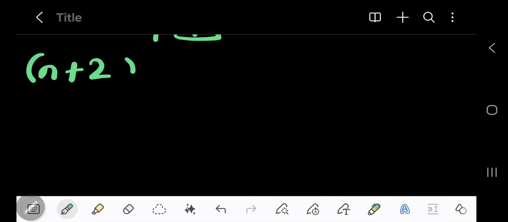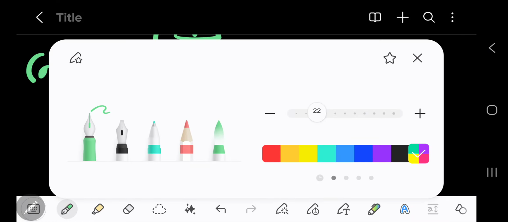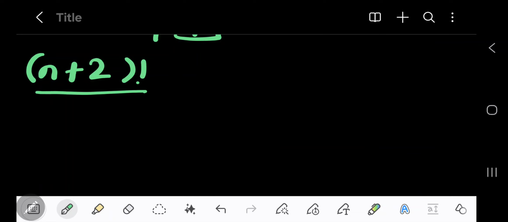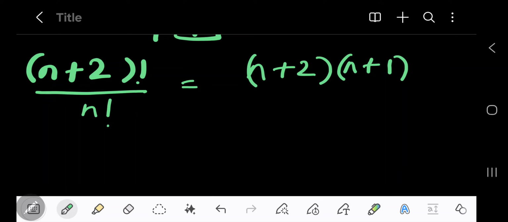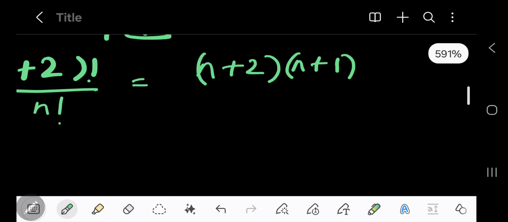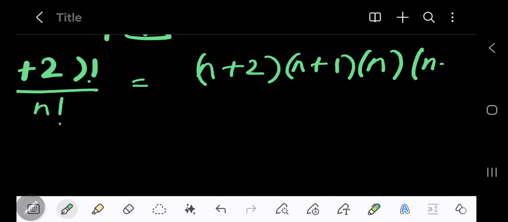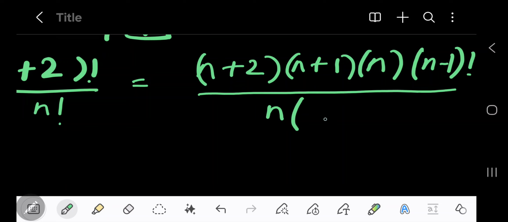Say you have n plus 2 factorial divided by n factorial. So what is n plus 2 factorial? n plus 2 times n plus 1, right, times n times n minus 1 factorial, and n factorial is just n times n minus 1 factorial.